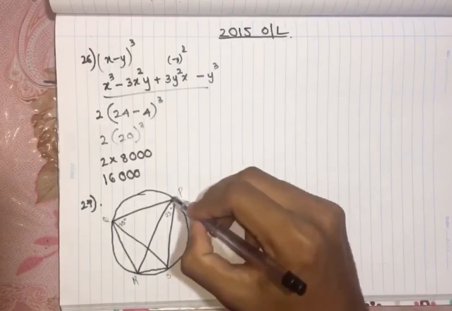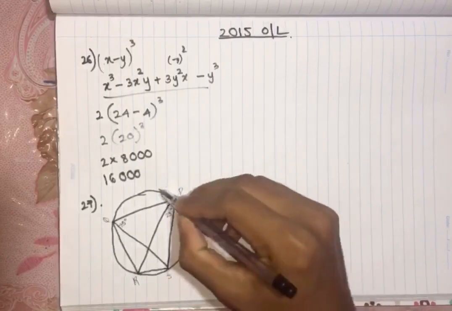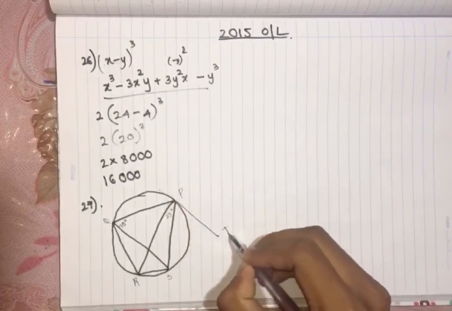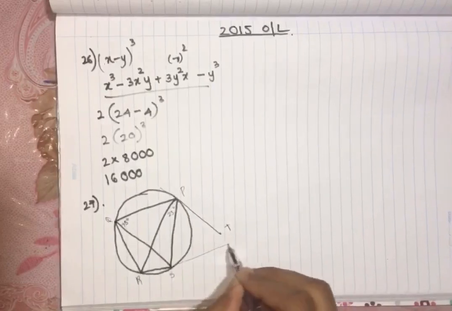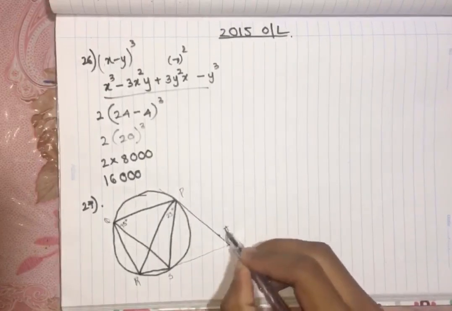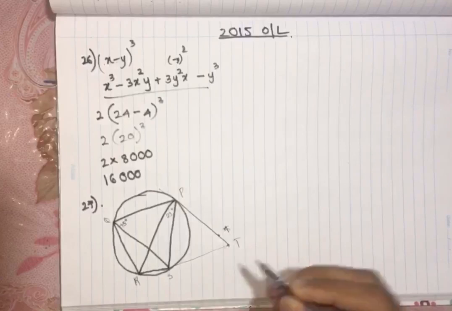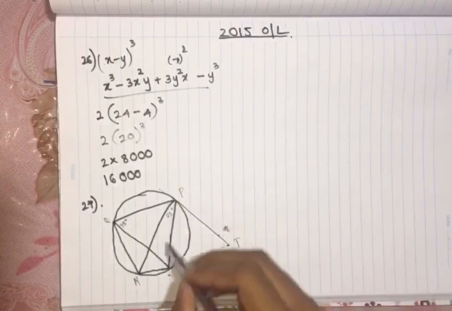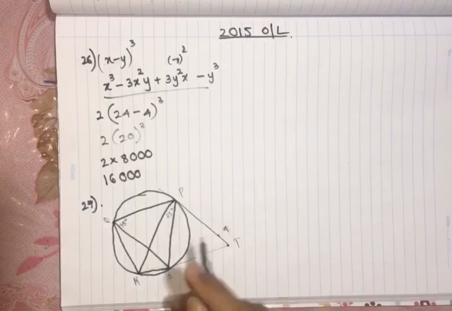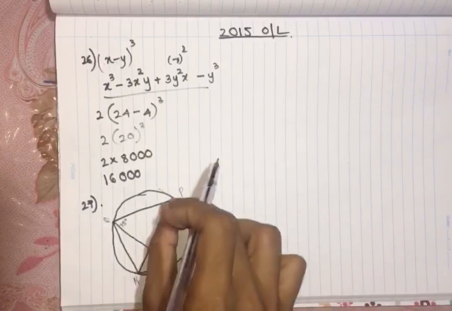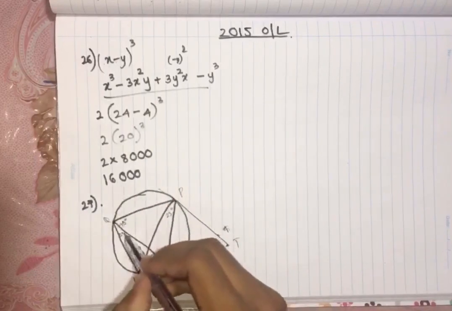This is the tangent from the external point. This is the tangent from T, and they have drawn this line to the tangent. Let us call the tangent here. This is T, so this is S. Okay. Now you know angles subtended by the same segment will give you the same values. So if this is 25 using this segment, this also should be 25.